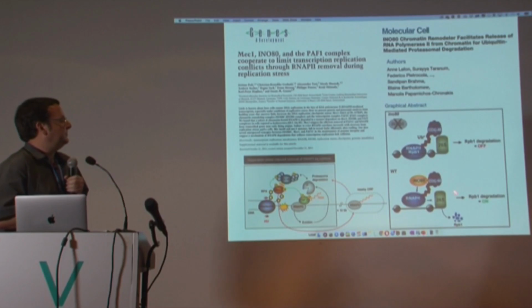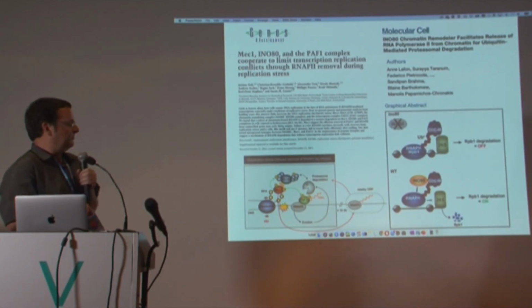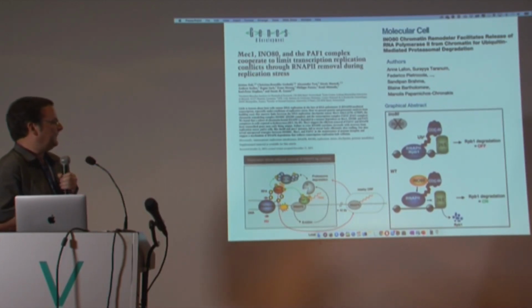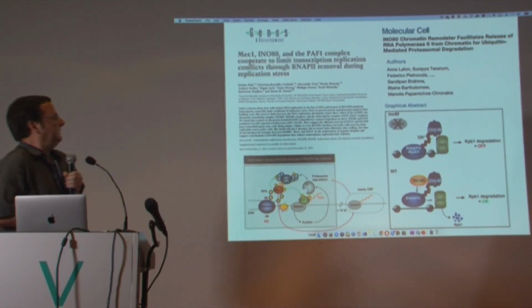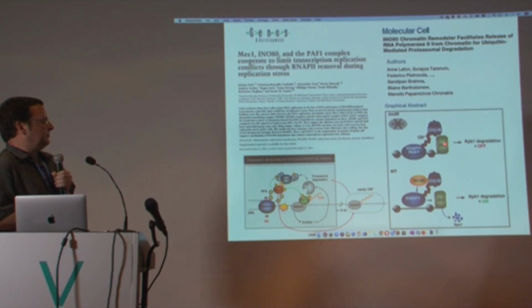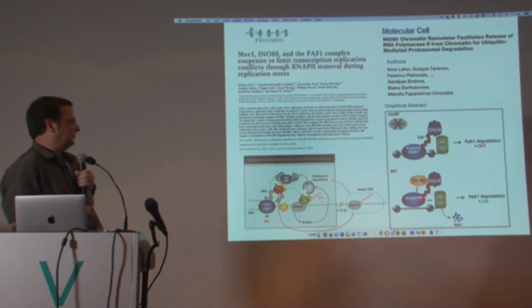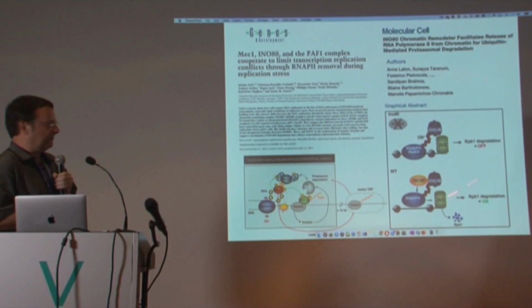The other paper came from the lab of Manolis Papamichos-Chronakis, showing that INO80 cooperates with the segregase CDC48 to remove permanently arrested and polyubiquitinated RNA Pol II from chromatin and to direct it to be degraded.